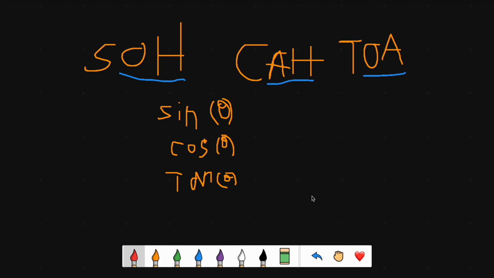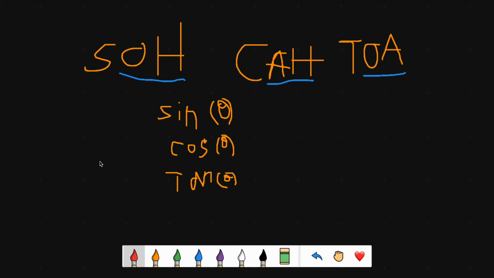So if you want to learn what is sin cos tan, sin is sine, cos is cosine, tan is tangent. Now if you want to know what sine is, it's the opposite over hypotenuse.